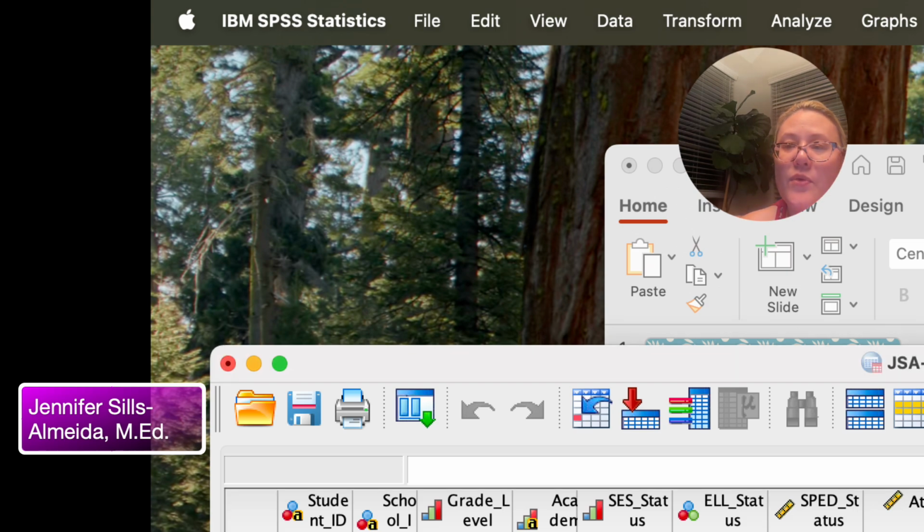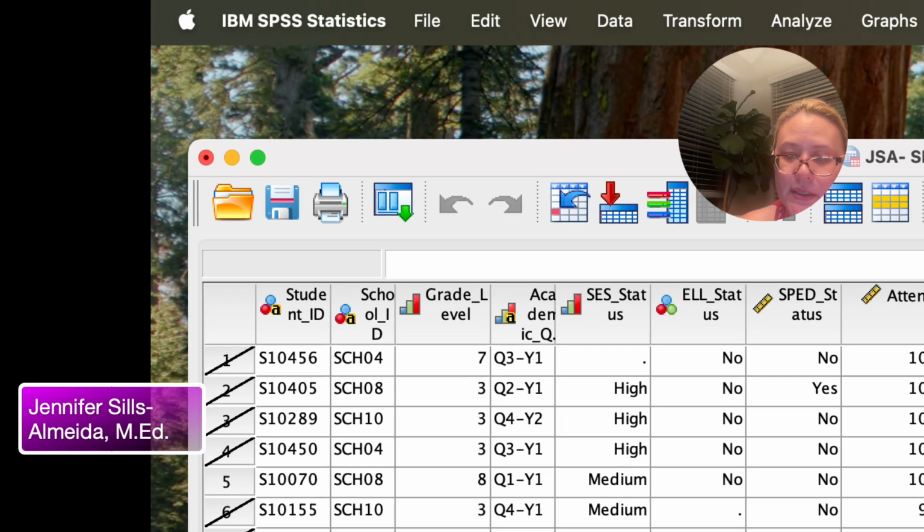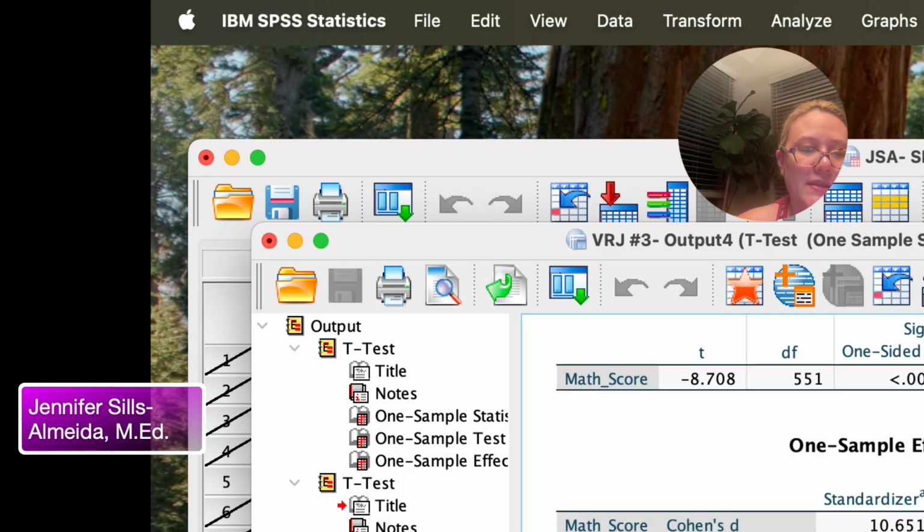Okay. And then we are going to wait here. We should be able to get it now in our view. Great. So what we have now is a t-test, okay?